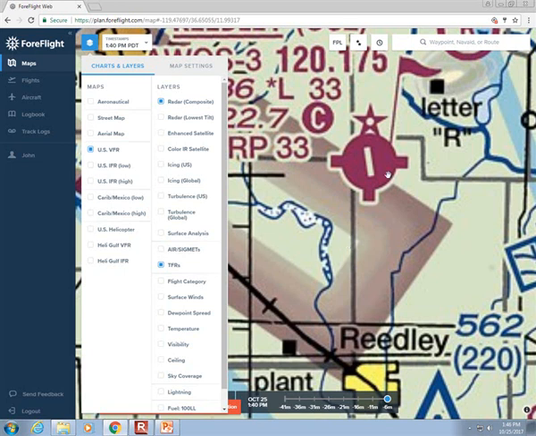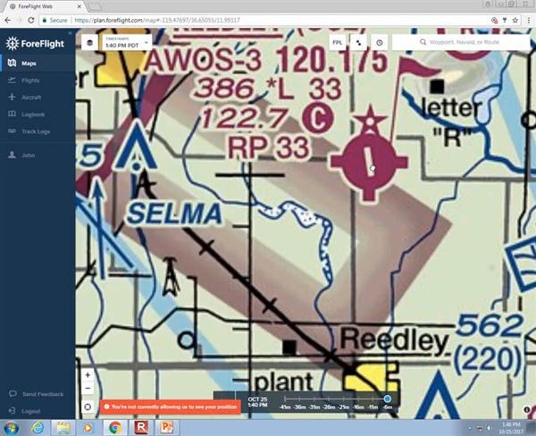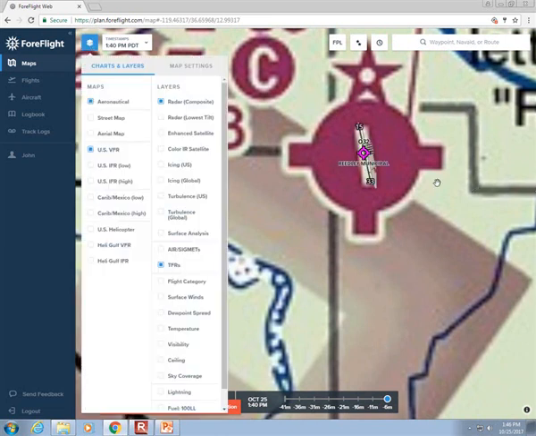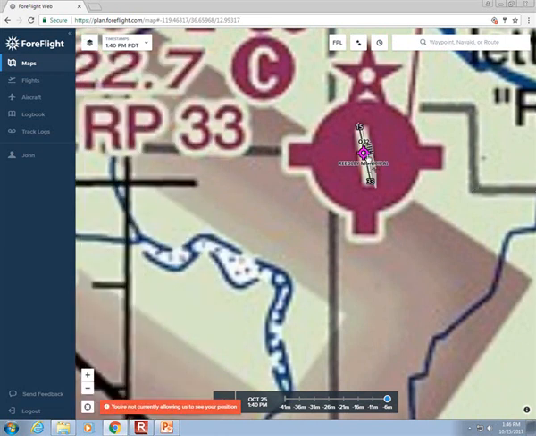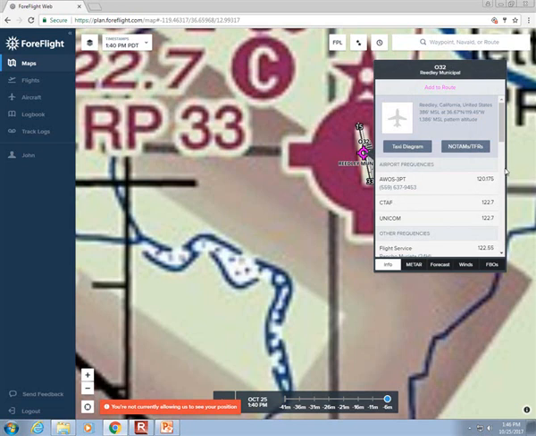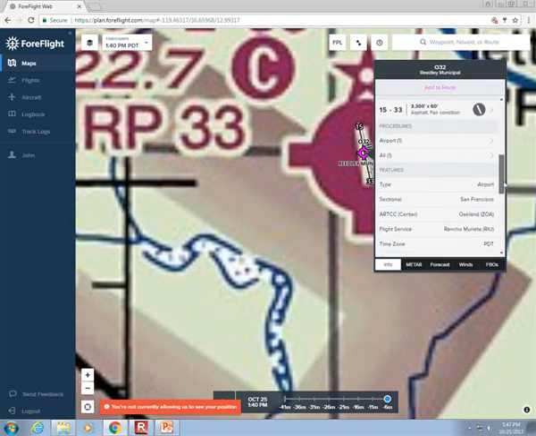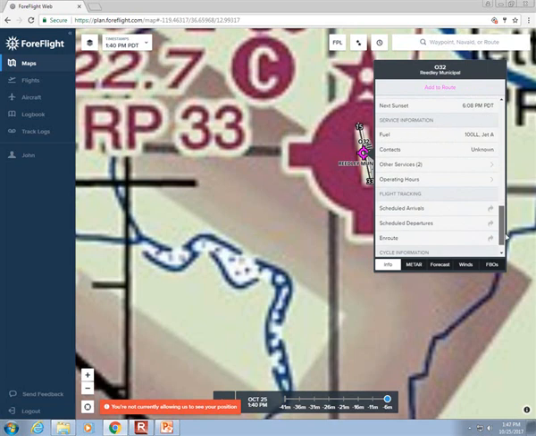So at this airport, if I look at the information for the airport, and let's see, not the taxi diagram. Where does it say?